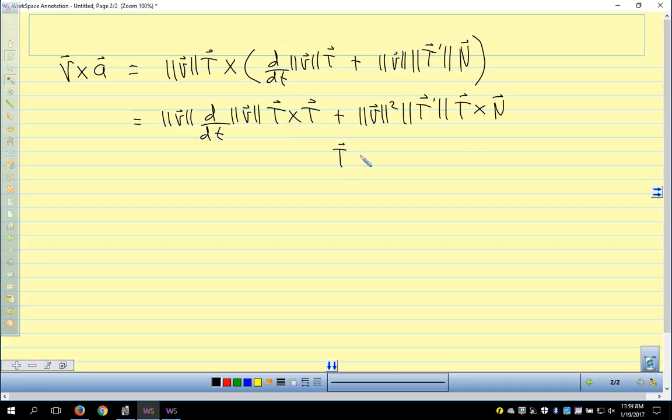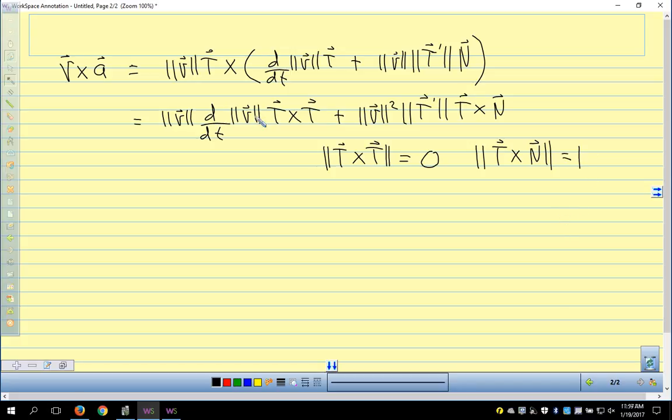T is parallel to itself, so the magnitude of t cross t is going to be 0. And since t and n are orthogonal, the magnitude of t cross n, which is the magnitude of t, magnitude of n times the sine of the angle between them, is going to be 1.